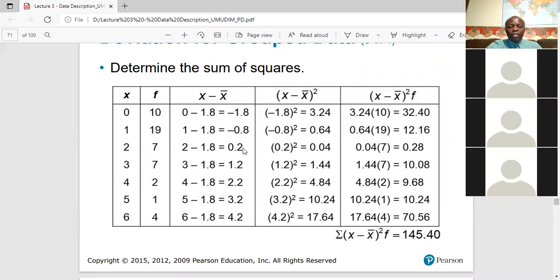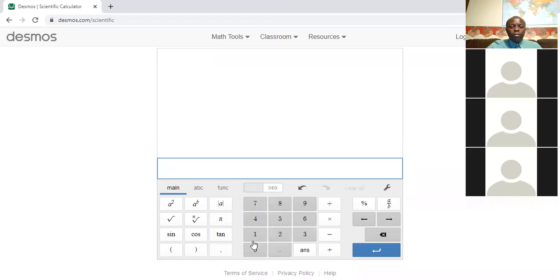But these answers that you got, you square them here. So negative 1.8 squared, for example, will be negative 1.8 squared, I close it, then squared is 3.24.